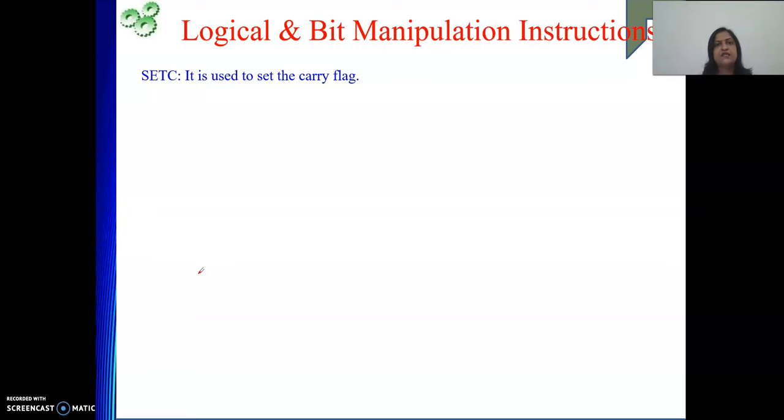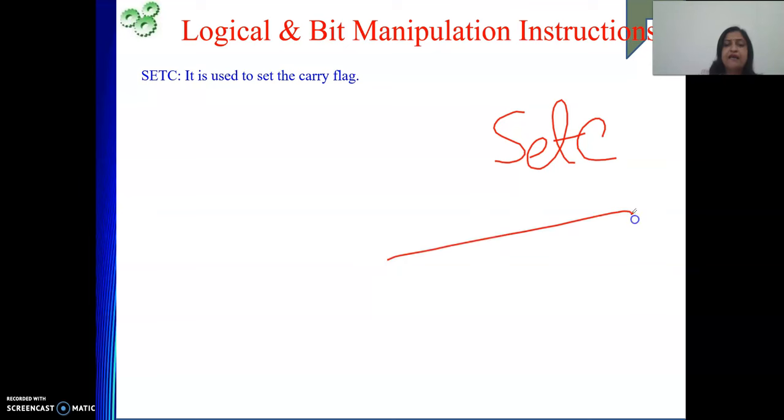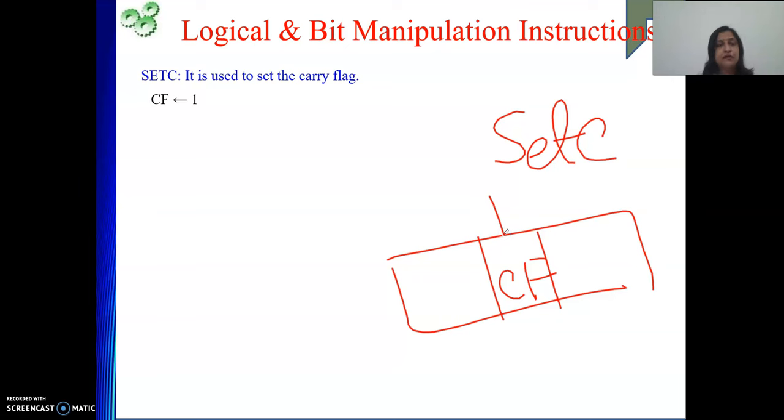Then a direct instruction is there, that is set C. If you execute simply set C, then whatever be the previous value of my carry flag, that value will become 1, right? So CF equal to 1. Otherwise, there is no such way by which you can set the value of your carry flag without executing any instruction.